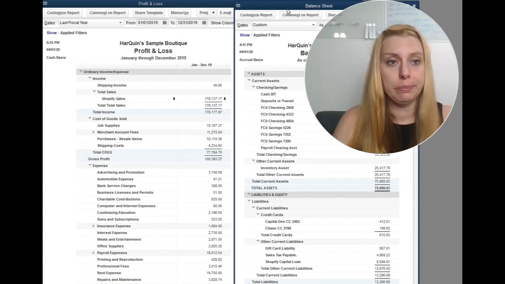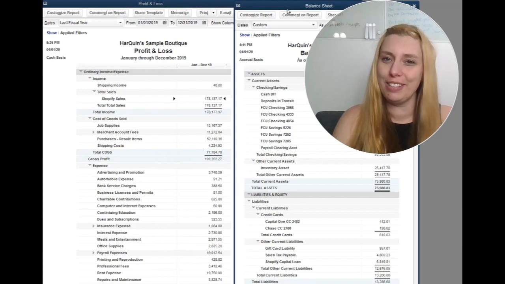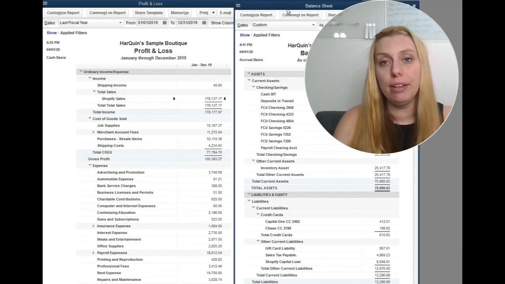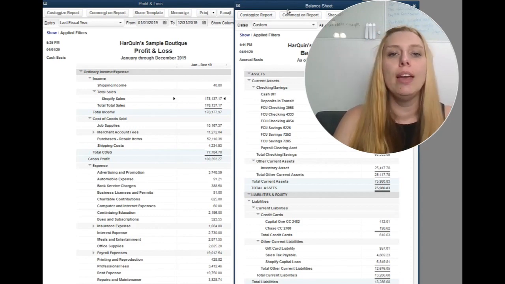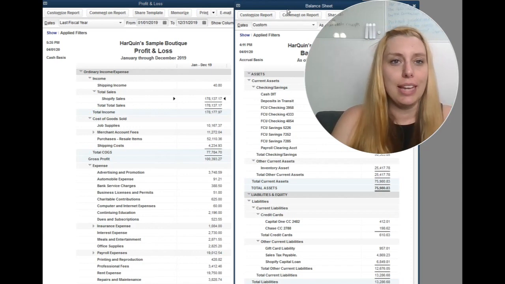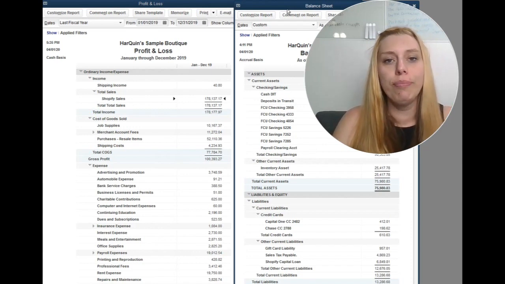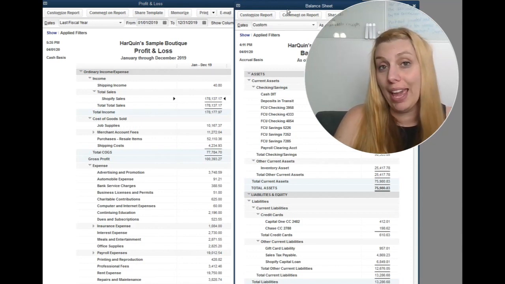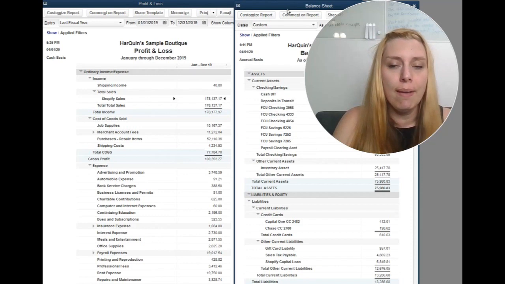The reason why it doesn't matter for this particular client is because the data was entered on a cash basis. So even if we run the reports for accrual, it won't make a difference at all. So in case you're wondering what that means, now you know the difference between cash and accrual. Now, if we were entering invoices or bills and then paying them at a later date in QuickBooks, then yes, it would affect things.